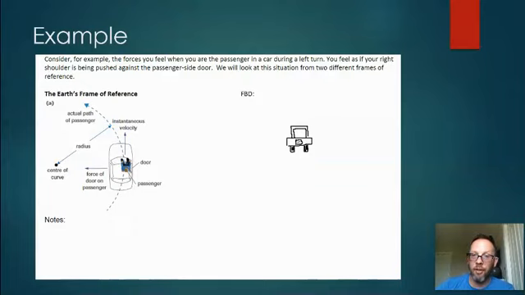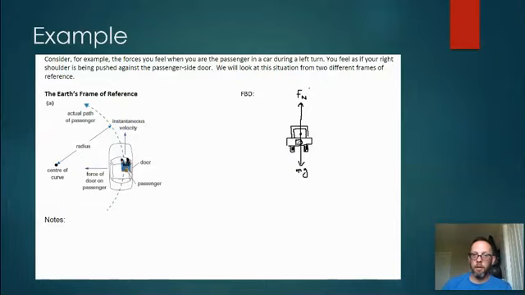What forces are acting? Let's talk about the person inside the car. Well, we have gravity going down. We have a contact force, the car's surface pushing up on the passenger, Fn.